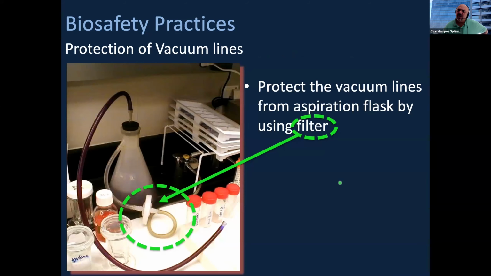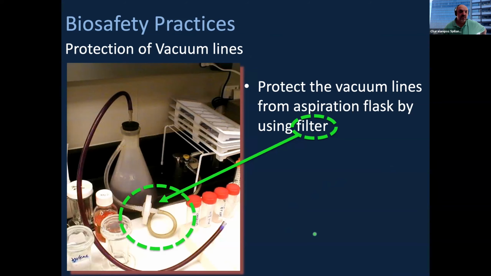Quite important, and actually you're not going to be responsible, but the personnel, the technicians that work in the tissue culture rooms. But if there is not such a person, be careful to use filters that separate, let's say, the flask, which will contain the contaminated media, from the vacuum lines.